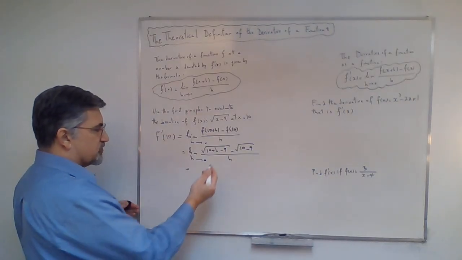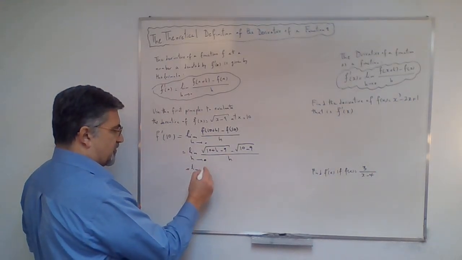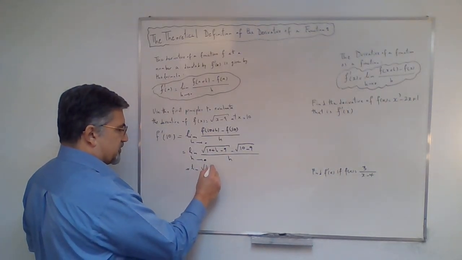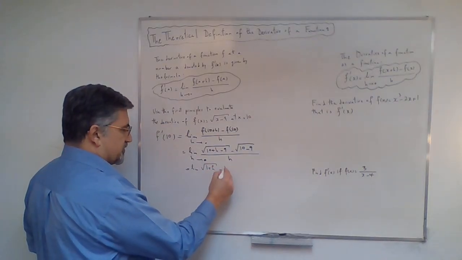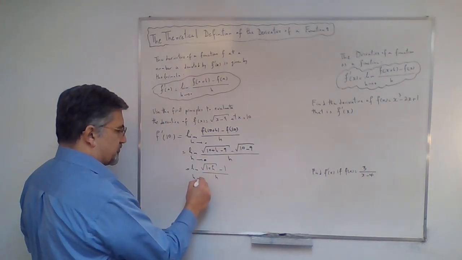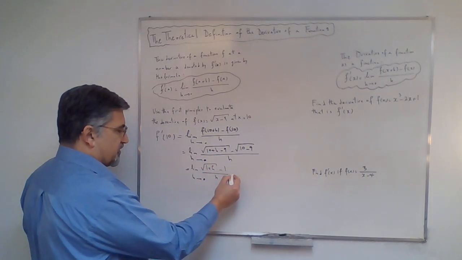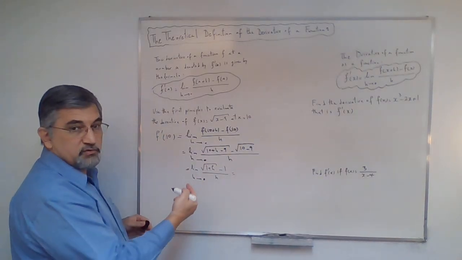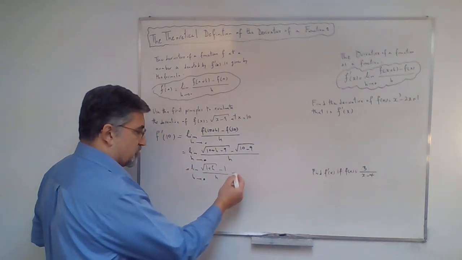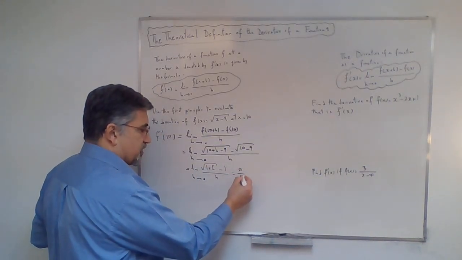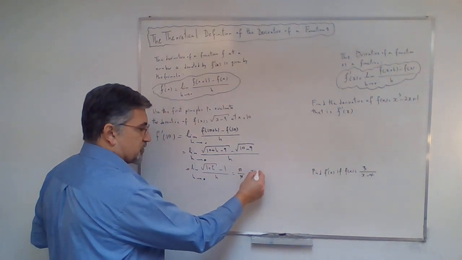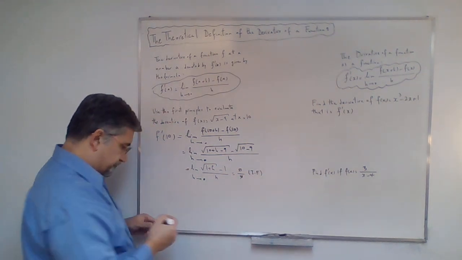If you simplify this, it's going to be the limit of the square root of 1 plus h minus simply 1, over h, when h approaches 0. But if h approaches 0, both the numerator and the denominator approach 0, which means that we end up with the so-called indeterminate form.